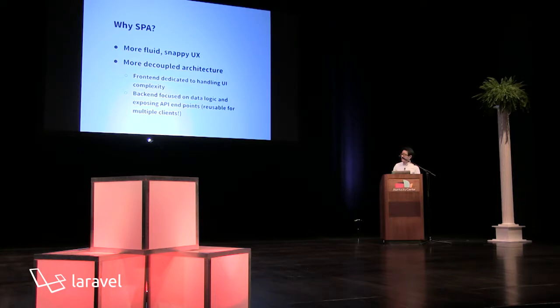And you will be able to divide the code base so cleanly that you can have one guy working on the front end and one guy working on the back end, and then the collaboration between the two will become very natural. And the back end can be focused on data logic and exposing API endpoints. And the benefit of that is that because all your backend routes are essentially API endpoints, they can actually be reused for other types of clients.